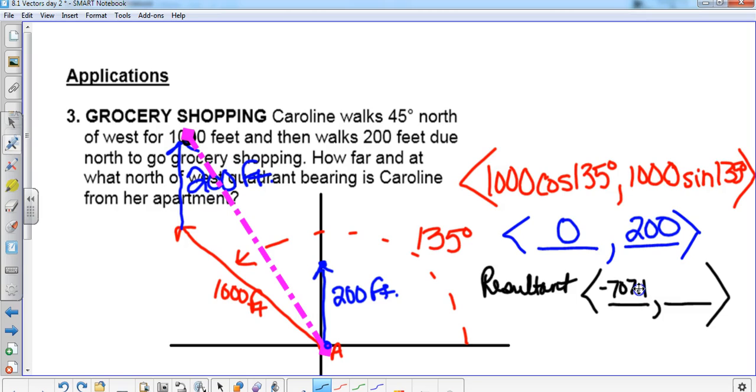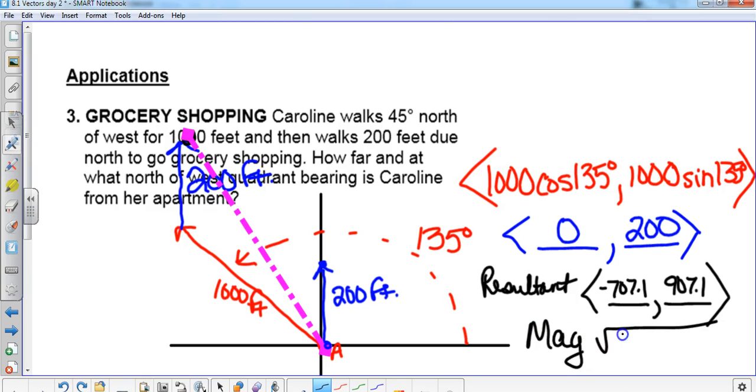Okay, 1,000 sine of 135 plus 200. Okay, how do we find out how far away she is? That means the magnitude, so we have to do what?